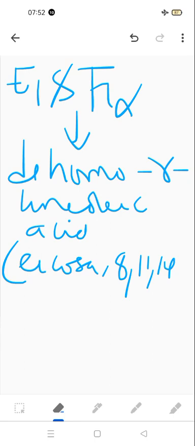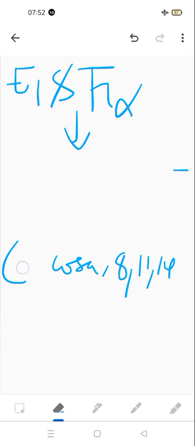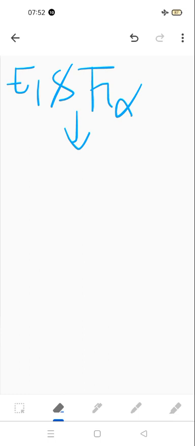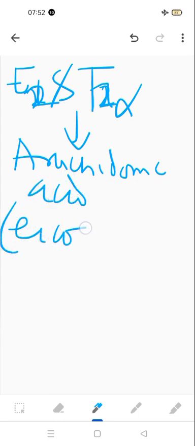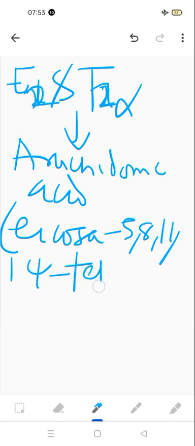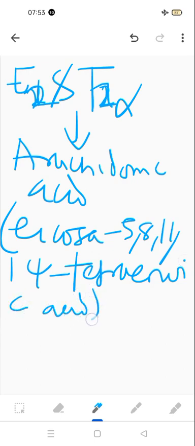Also, we said that prostaglandins E2 and F2 alpha, which are also very important, are synthesized directly from arachidonic acid. And arachidonic acid is an eicosa-5,8,11,14-tetraenoic acid, right?